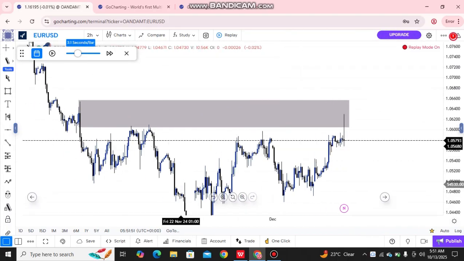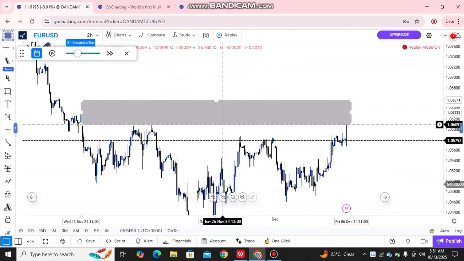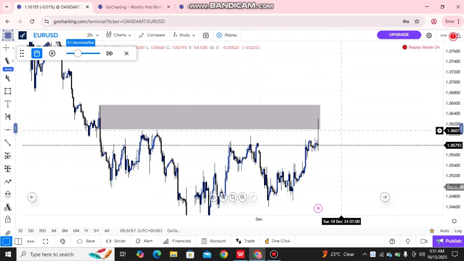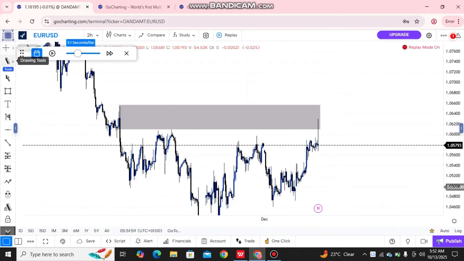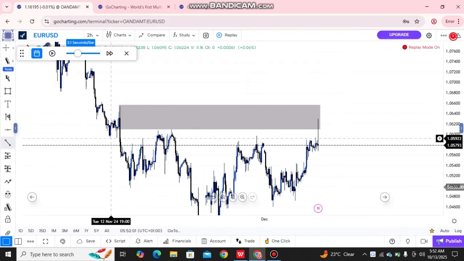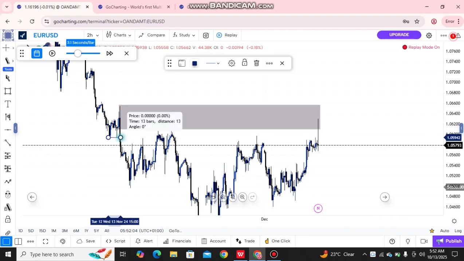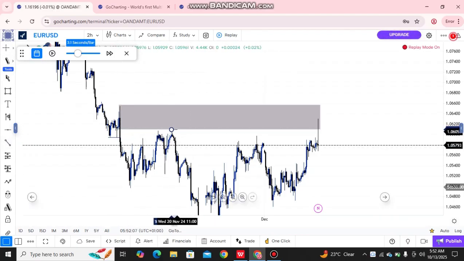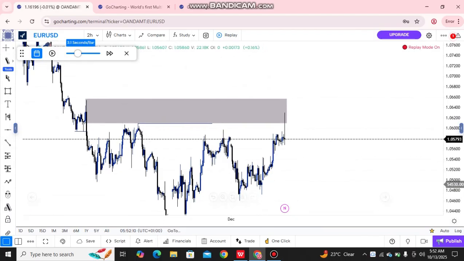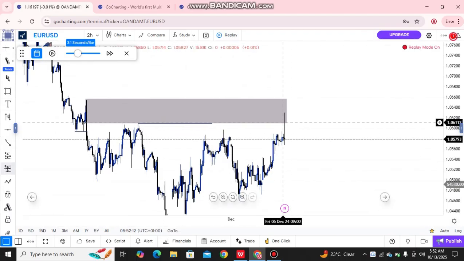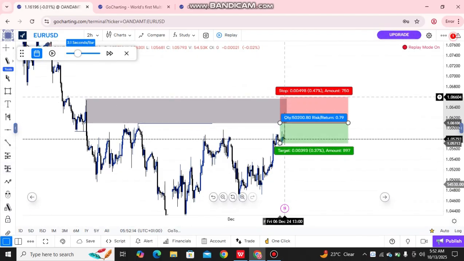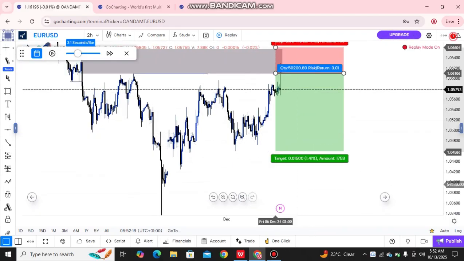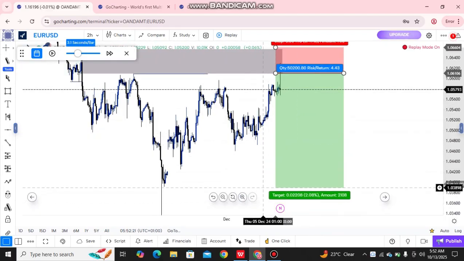So this is a supply zone that just got mitigated, and an aggressive trader would mark out his breaks of structure, like this minor break of structure here, his liquidity points, like all of this here, and then his entry would have been at the open or the first mitigation of this zone, and his take profit rather will be at the most recent low.